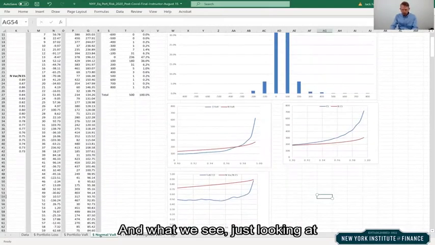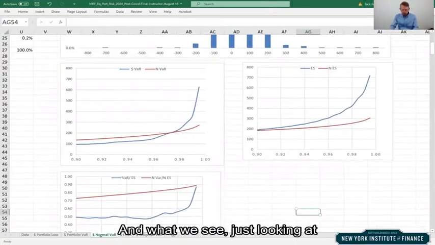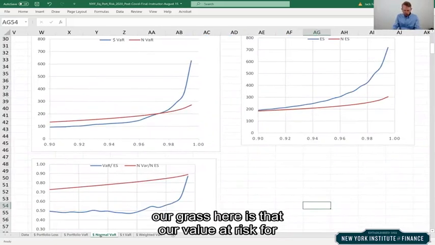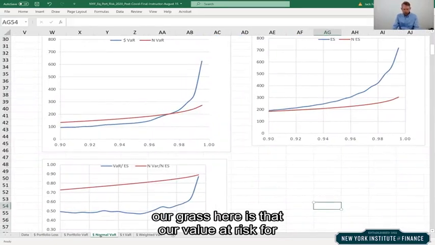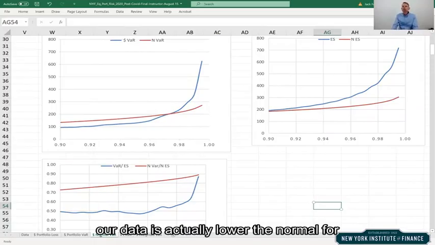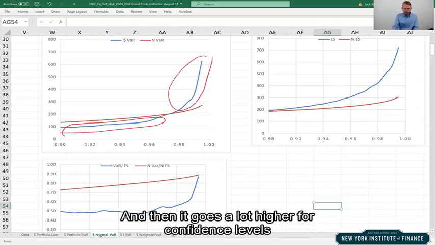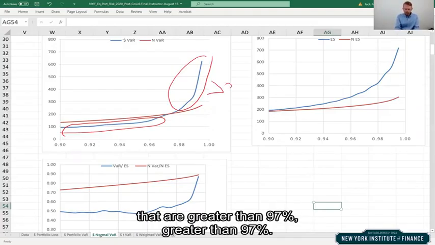And what we see, just looking at our graphs here, is that our value at risk for our data is actually lower than normal for confidence levels up to about 97%, and then it goes a lot higher for confidence levels that are greater than 97%.